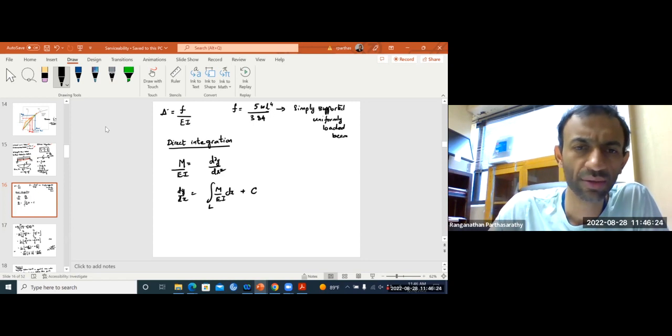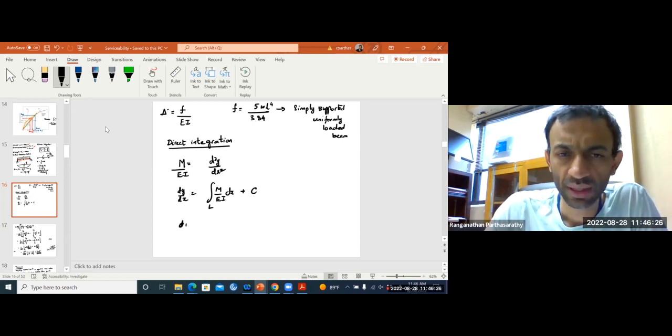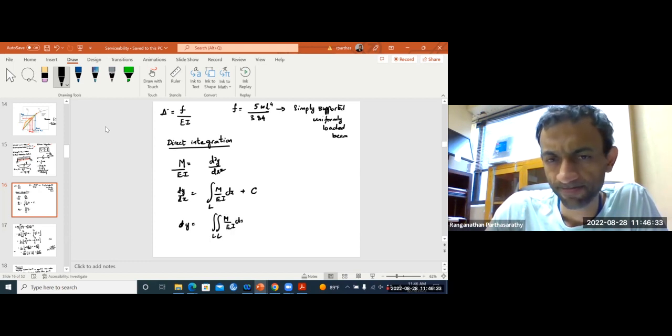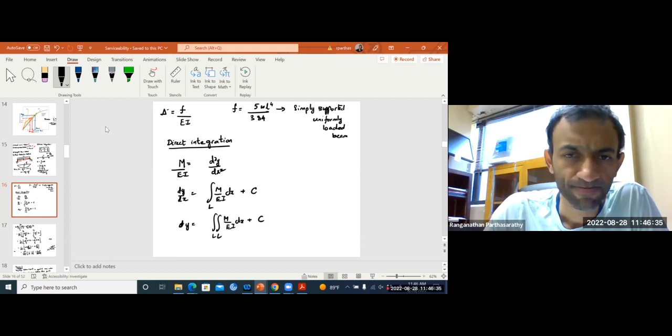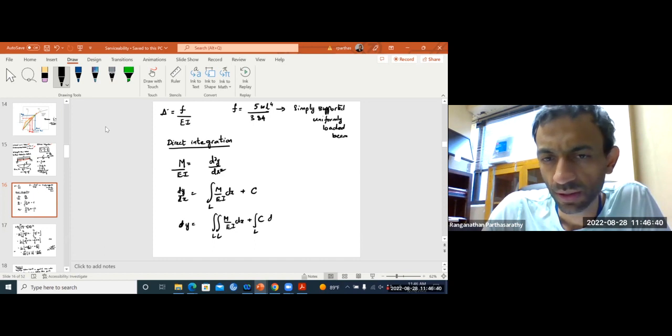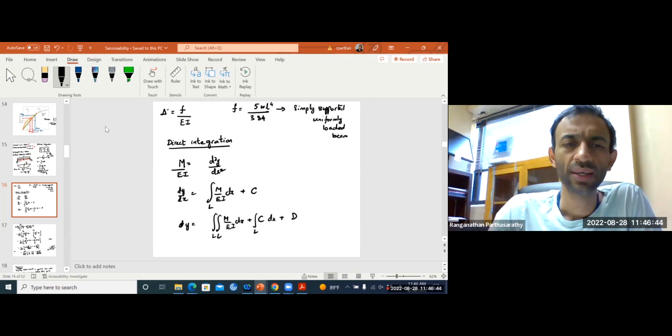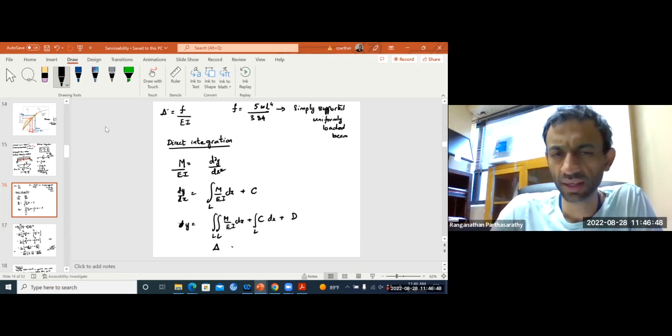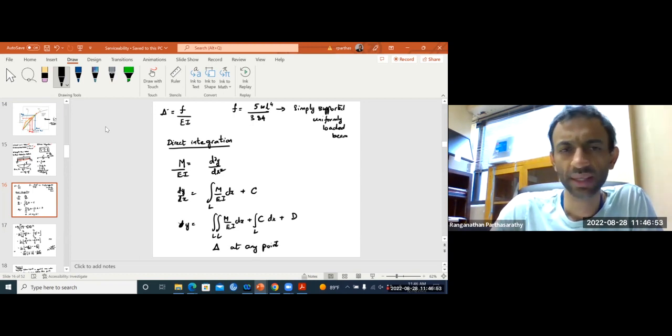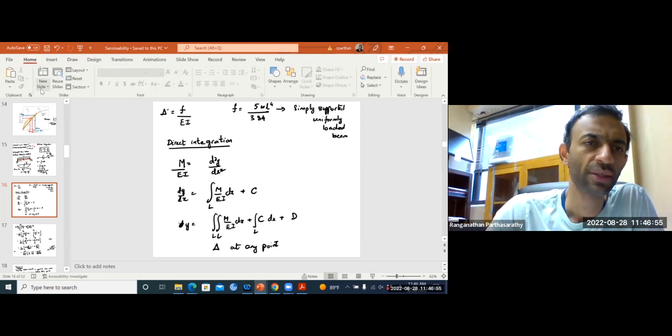This is over the length of the beam. Now you integrate again, plus some constant, right? Now you can apply your end conditions and get your delta at any point. So this is by direct integration.